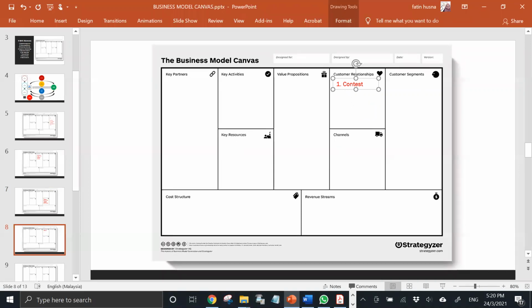Okay, this is something that you did that makes your customer want to come into your platform. Don't put Instagram. For example, you put like this, don't put like this, Instagram at Dr. Fatin Husna. For example lah, this is my Instagram name. I don't put this. This one actually belongs to channels. So customer relationship is something that you did to make your customer or your followers keep coming back.